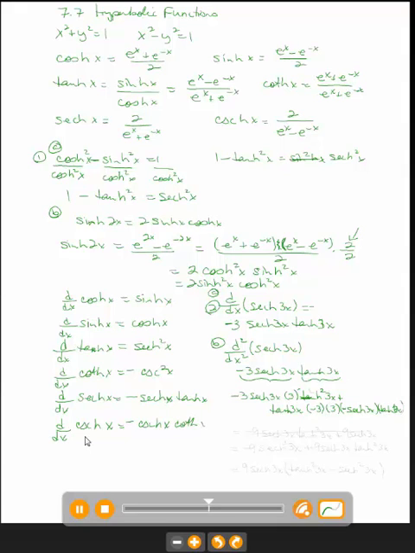Okay, so cleaning this mess up, I have a 3 and a negative 3, negative 9, hyperbolic secant of 3x, hyperbolic tangent squared of 3x, and then here I have 2 negatives, that's going to get a plus.